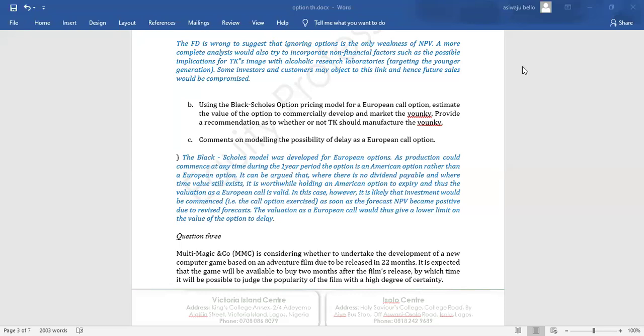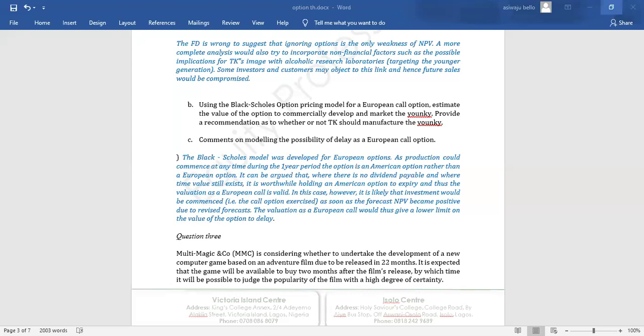Now, we want to adopt the application of option theory to investment analysis. We started this last week, how to apply option theory to the valuation of investment projects.